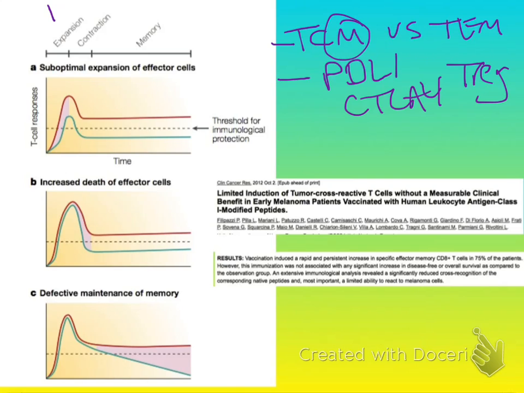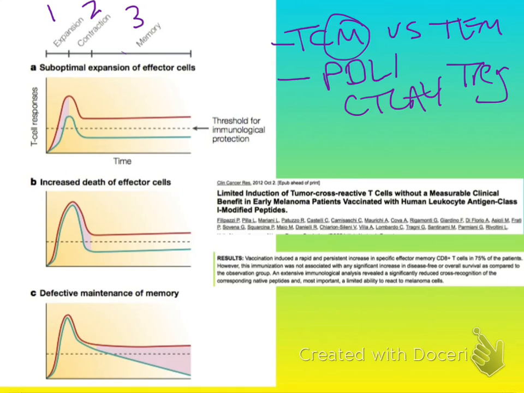The first phase being expansion. That's just the clonal expansion that we've talked about previously, when a naive cell first encounters antigen. And then after the T cells have done their job and have been effector cells, we go through this period of contraction where the majority of the T cells are eliminated by apoptosis, and what is left over are the memory cells, and that's really that third phase of memory.